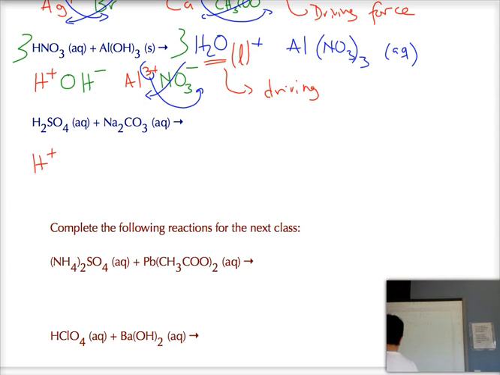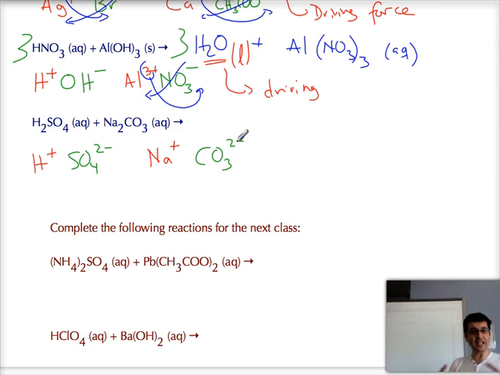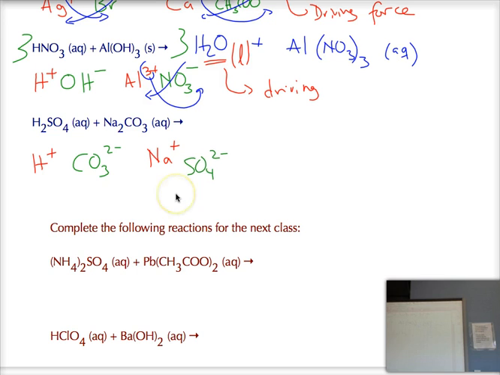Sulfuric acid and sodium carbonate. The positive ions are going to be H plus and Na plus, and the negative ions will be the SO4 2 minus from the sulfuric acid and our well-known anion, the carbonate ion. So we're going to exchange those, and initially it makes these 2 compounds.